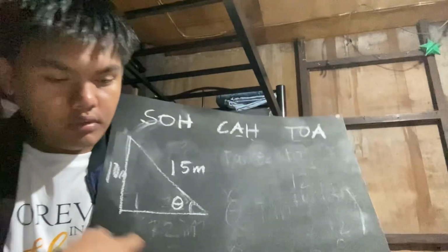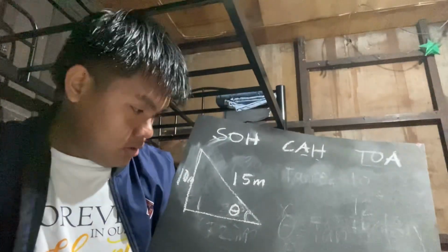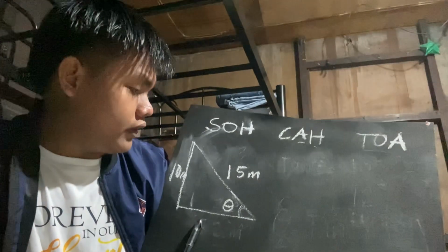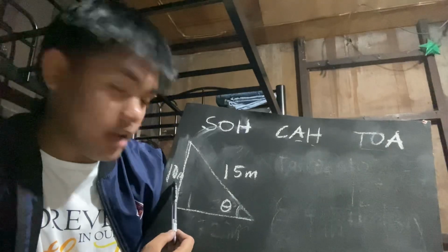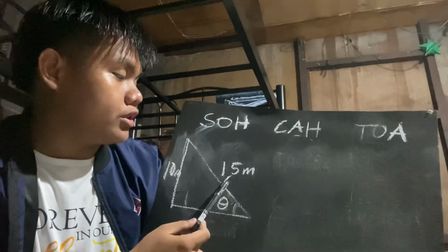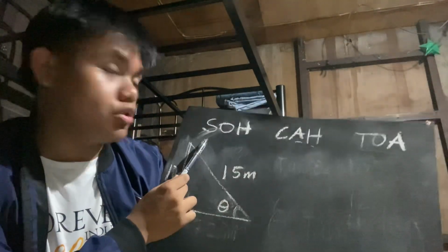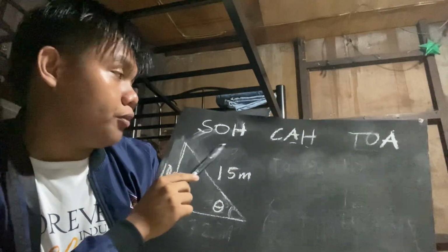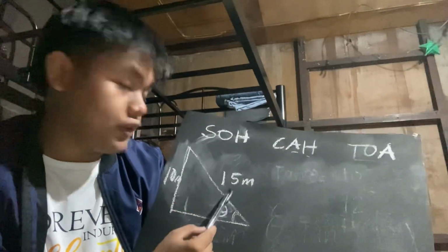Okay, now we have another example of a right triangle. We have a given right triangle with an angle, and its opposite side is 10 meters, and the hypotenuse is 15. As you notice, we can use SOH, since sine equals opposite over hypotenuse. The opposite of the angle is 10 and the hypotenuse is 15.